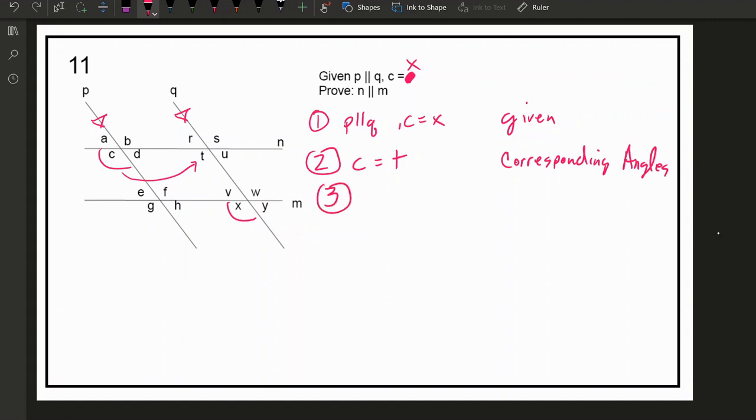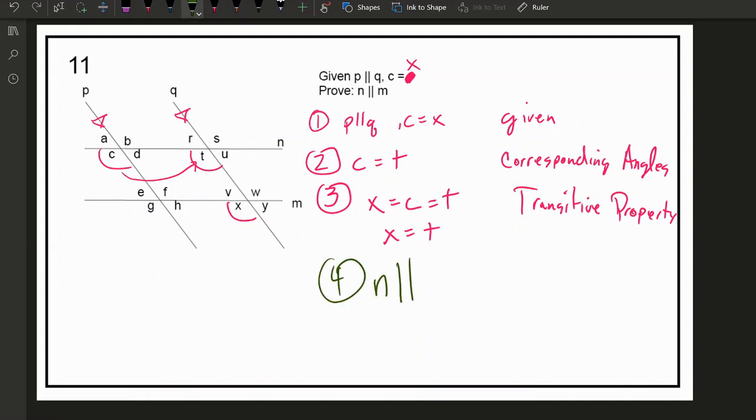Step 3, now I can say X is equal to C, which is equal to T. So therefore X must equal T because of the transitive property. And now that I have the fact that X and T are congruent, that means that N must be parallel to M because of the corresponding angles converse.